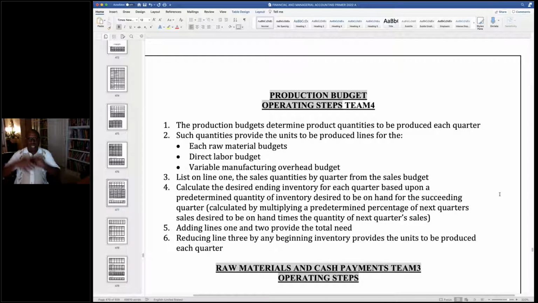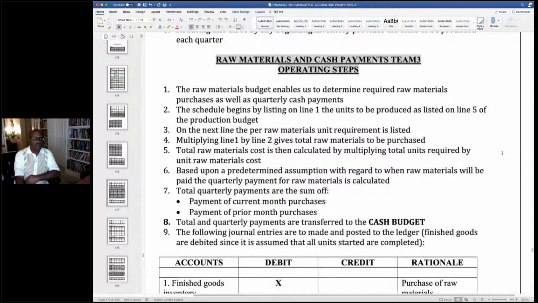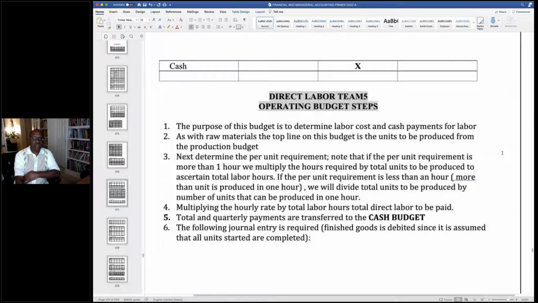So what we have is a lot of budgets, but they're real small. Some of them are only taking 10 or 15 minutes. So they don't take a lot of time, but you just got to make sure your numbers are correct.